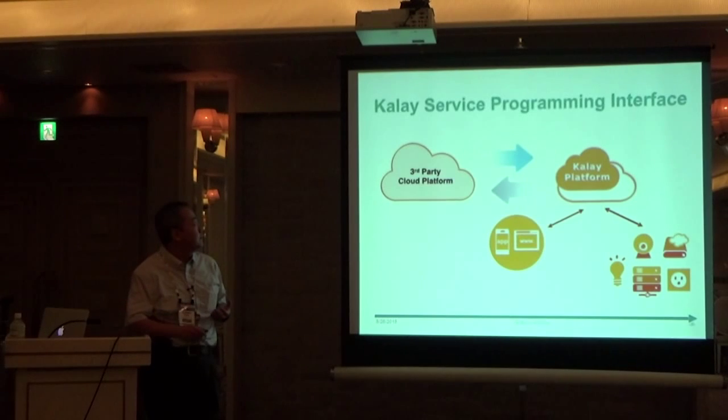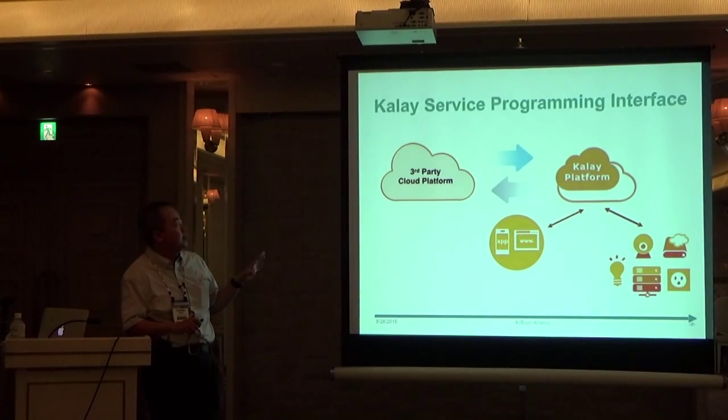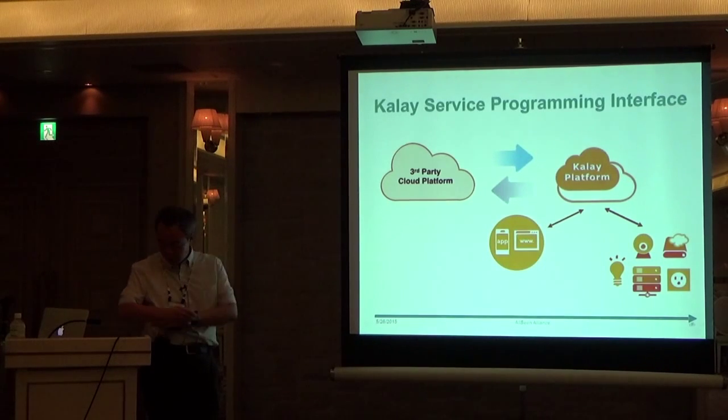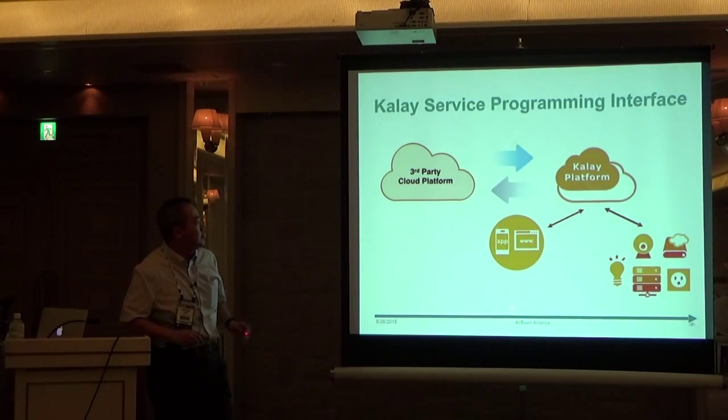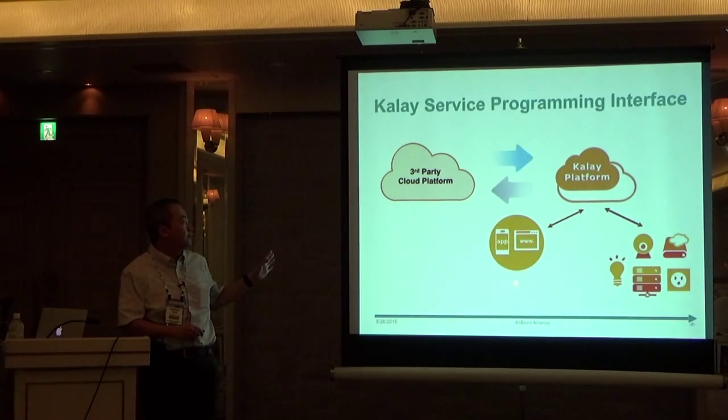And then the next one is the service programming interface, which we call SPI. This one is to work with third parties. Oh, sorry, I clicked it too fast. So this is to work with third-party cloud platforms. Right now we also work with other cloud services like Ali Cloud in China and 360.